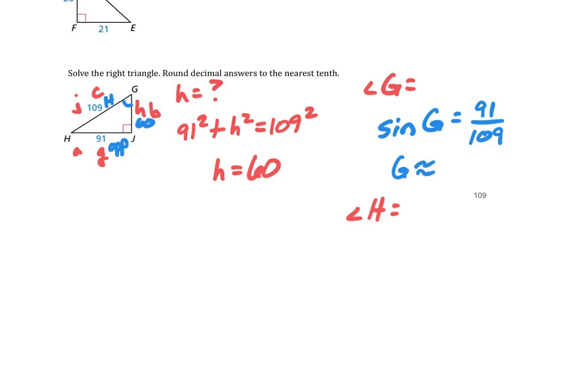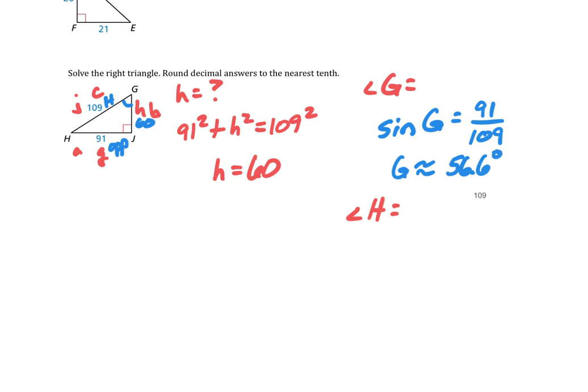So we're going to do the sine inverse of 91 over 109. Okay, what's that give us for G? 56.6.